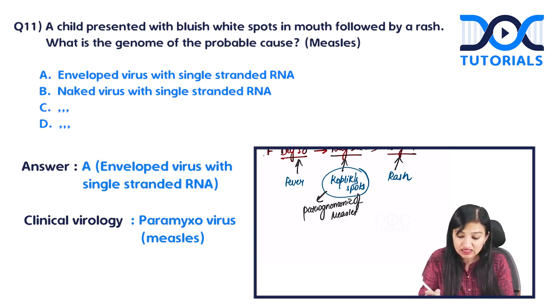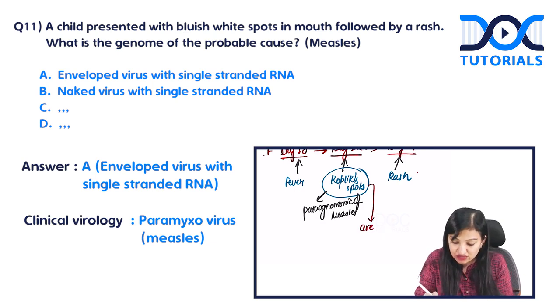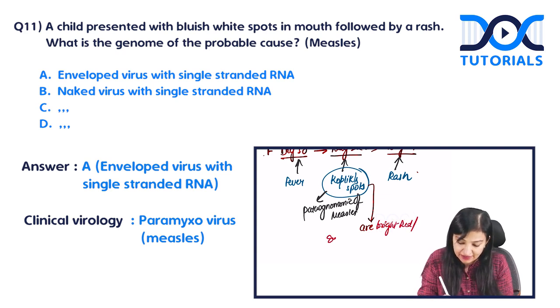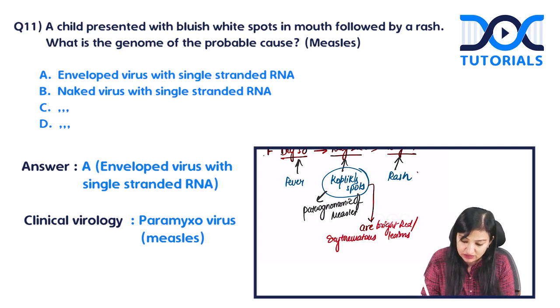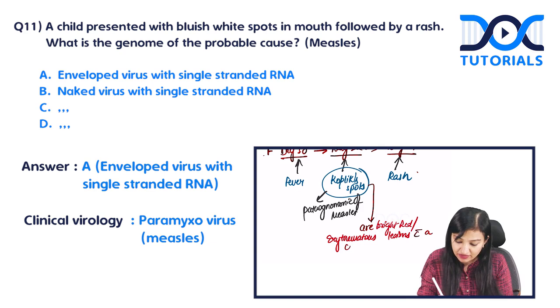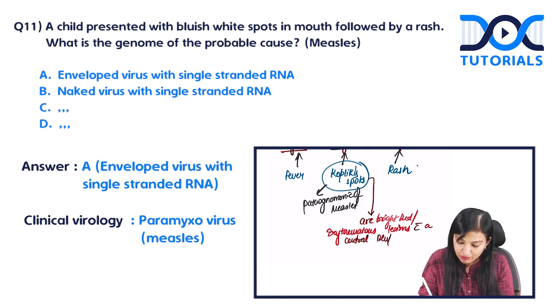And what exactly are these Koplik spots? These are bright red, that is erythematous lesions with a central bluish or whitish dot.